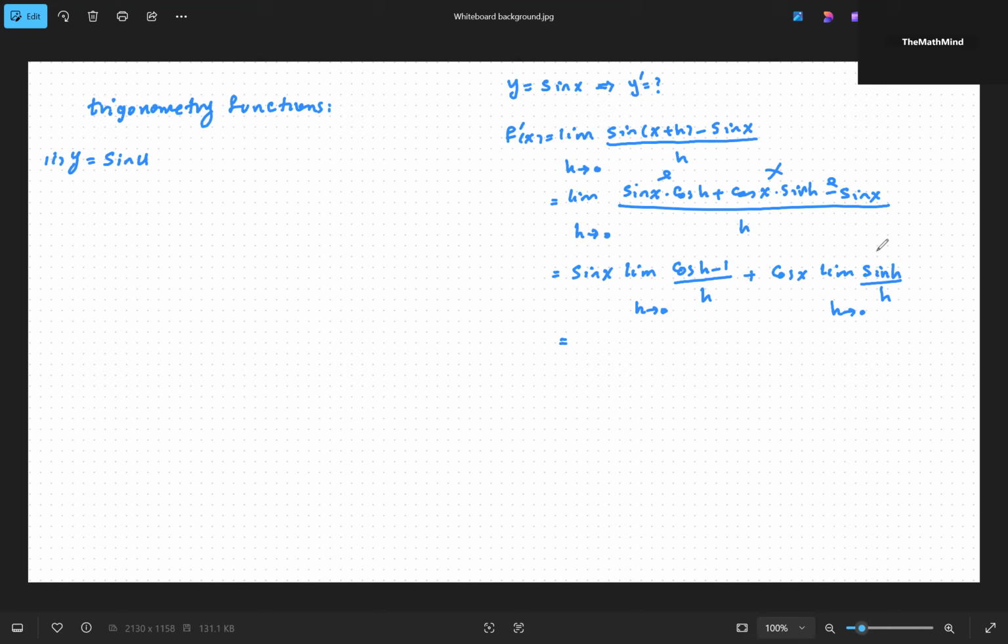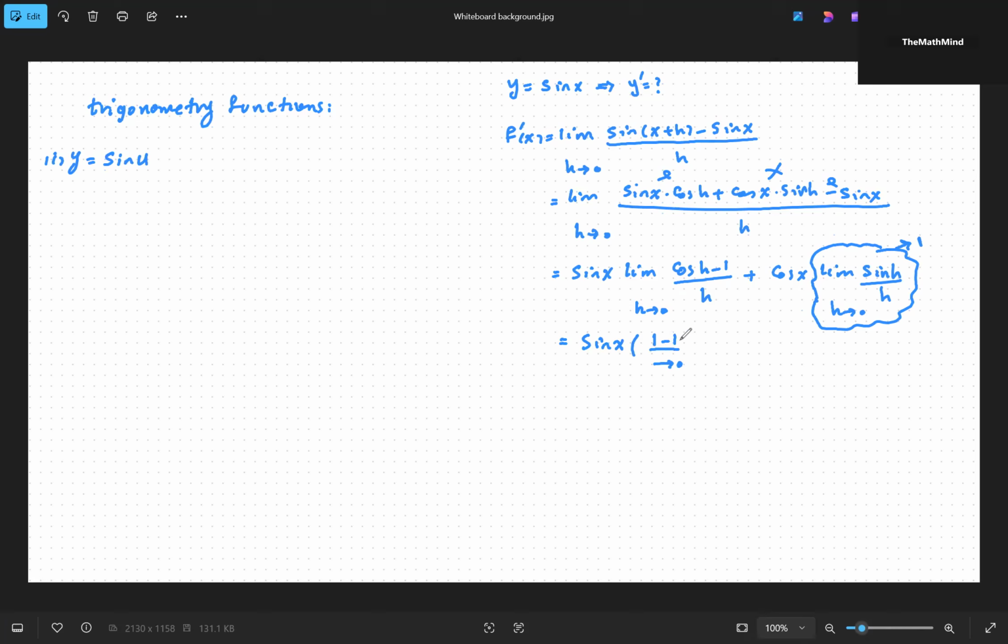So we know the limit of sine h over h when h approaches 0 is 1. This is one of the theorems that is in the limit section. Also, if h is going to 0, cosine h will be 1. So we're going to have sine x times 1 minus 1 divided by a number that is going to 0.